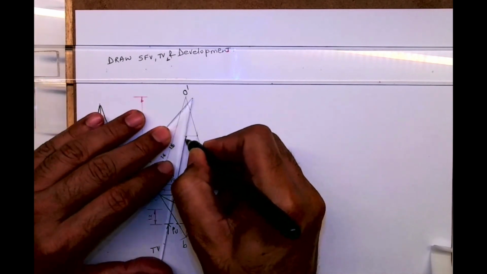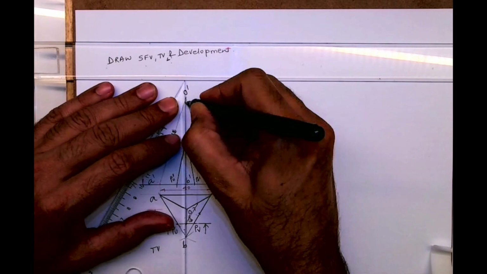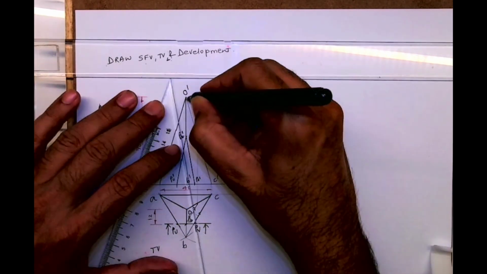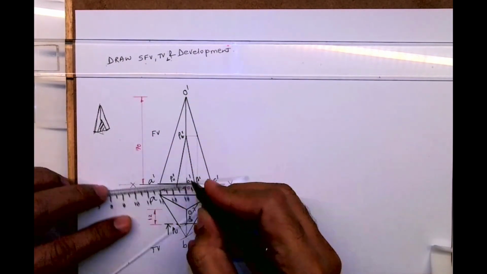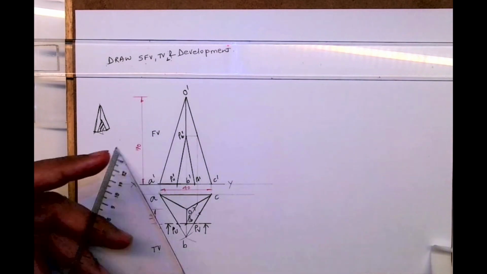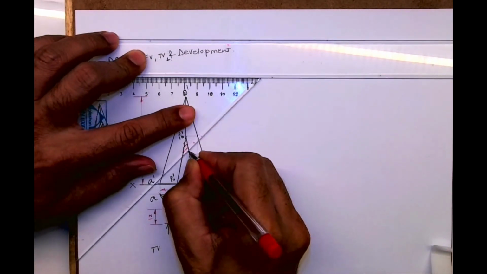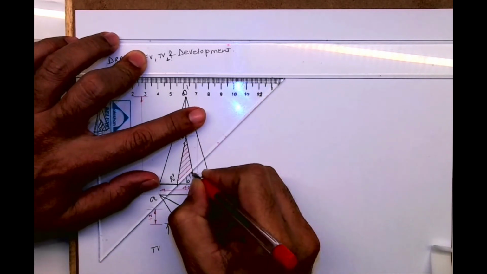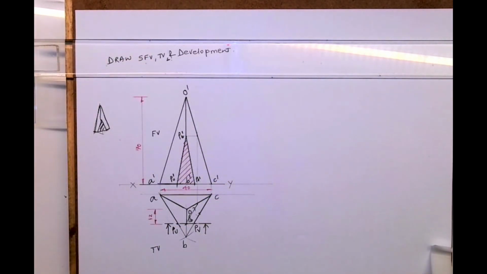So this is point PB dash. And this will be hatched. So we are done with the sectional front view and top view.